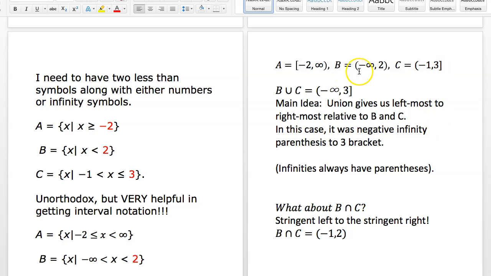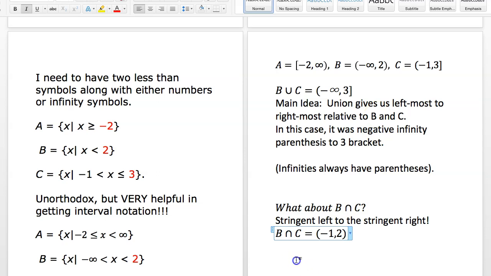And for B, we're doing everybody to the left of 2, not including the 2. And for A, we're doing everybody to the right of neg 2, including the neg 2 itself, because we've got the bracket on it. Okay, so that's all that.